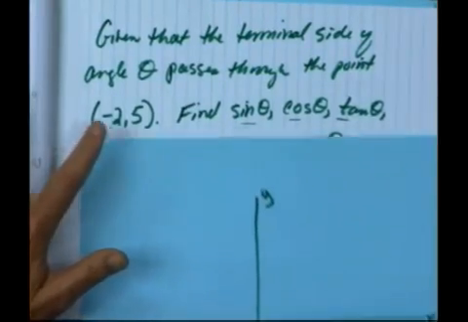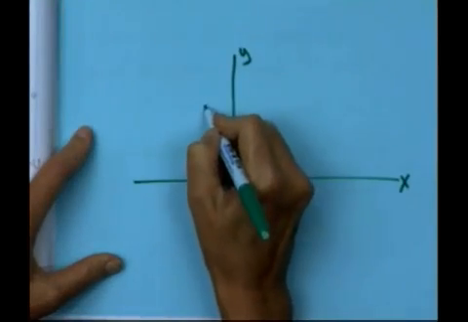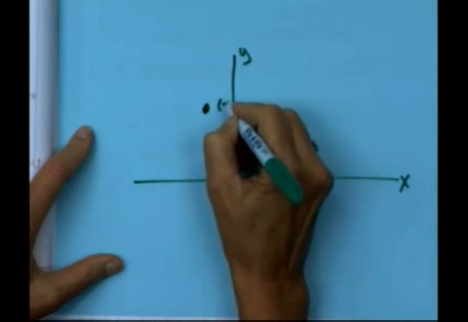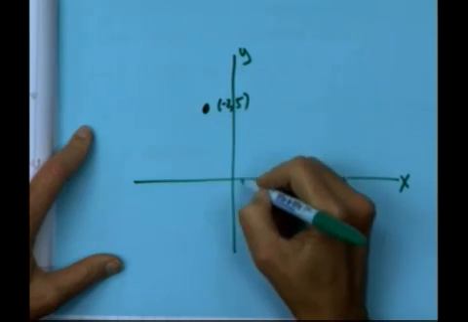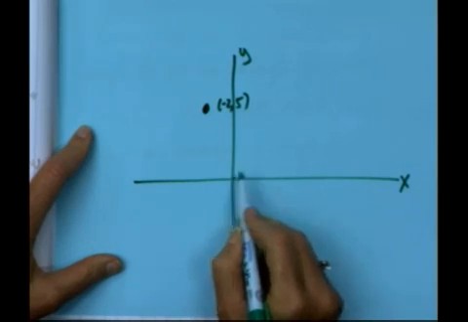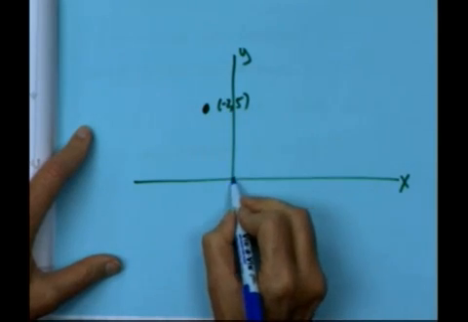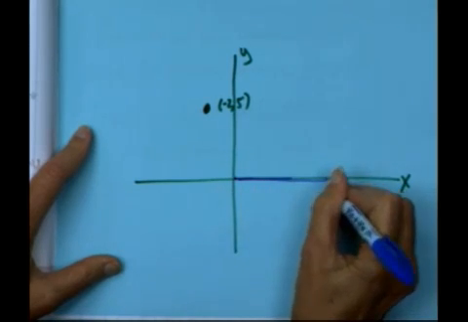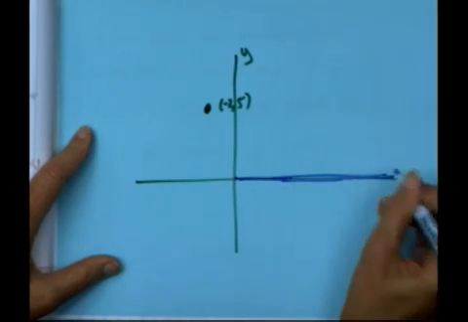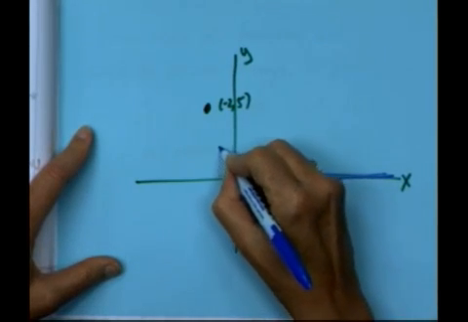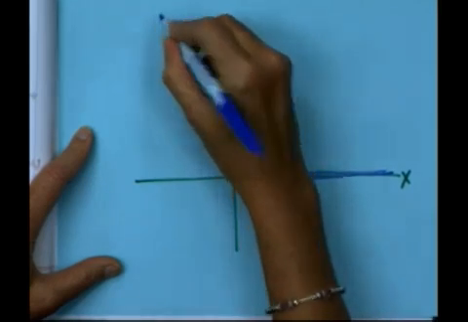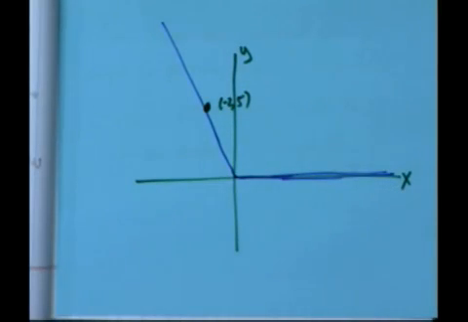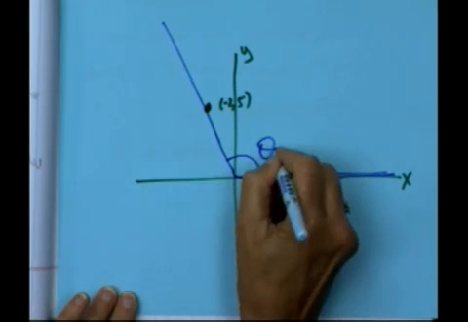And the point -2, 5 should be somewhere like right here. And it says your angle is in standard position, so the initial side's along the positive x-axis. Gotta let my marker dry out. And the terminal side passes through this point right here. Okay, so here is my big angle theta.